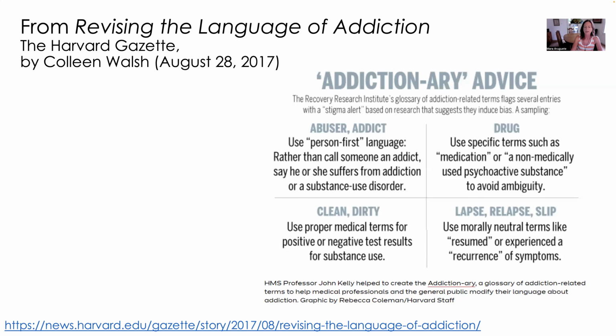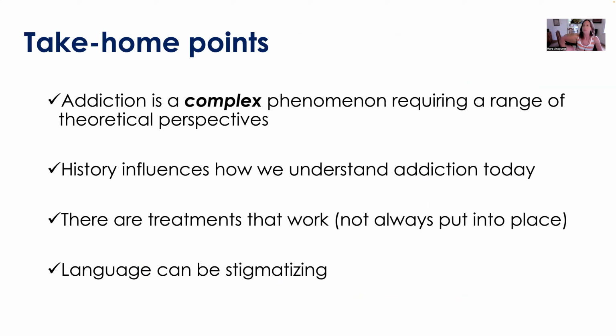So you're probably going to hear lots of mistakes in this area, but it's something to aspire to. We're changing the language. Okay, let's go with some take-home points for Module 1 as a whole module. Addiction is complex. It requires a range of theoretical perspectives. We've got to have the bio, we got to have the psycho, and we got to have the social. And that means that we're going to cover a lot of theories, right? And history is really influencing how we understand addiction today.